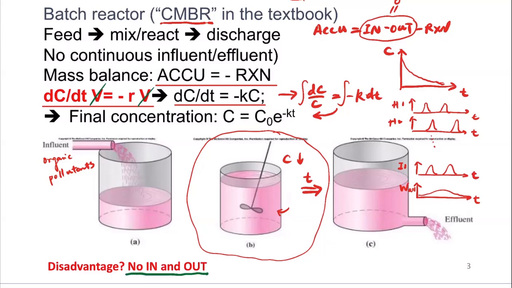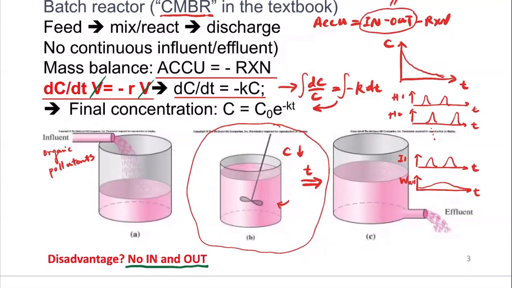So what happens is that you cannot tell these households or industrial plants, let's wait for some time, my batch reactor is reacting, right? So you cannot push their wastewater back. So that's why we have to use some devices that can introduce flow and discharge flow at the same time.